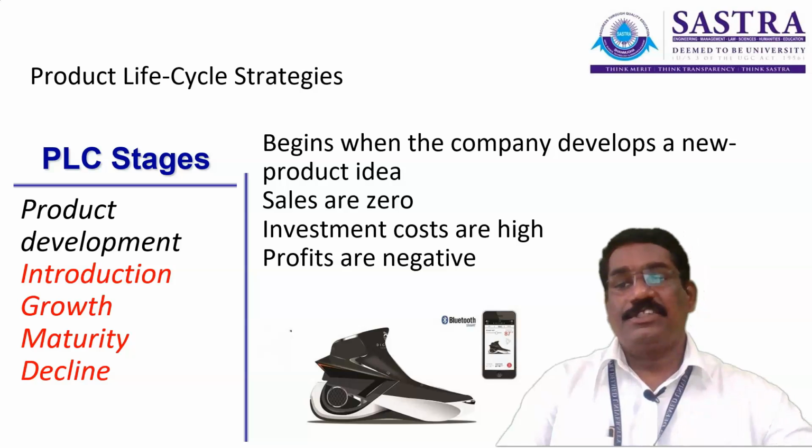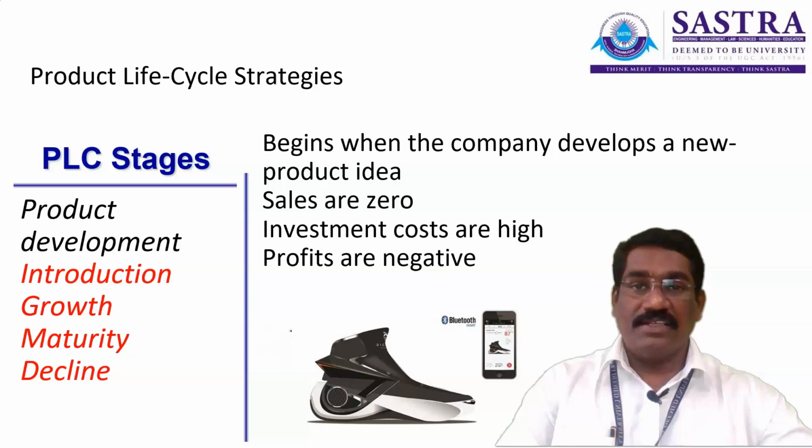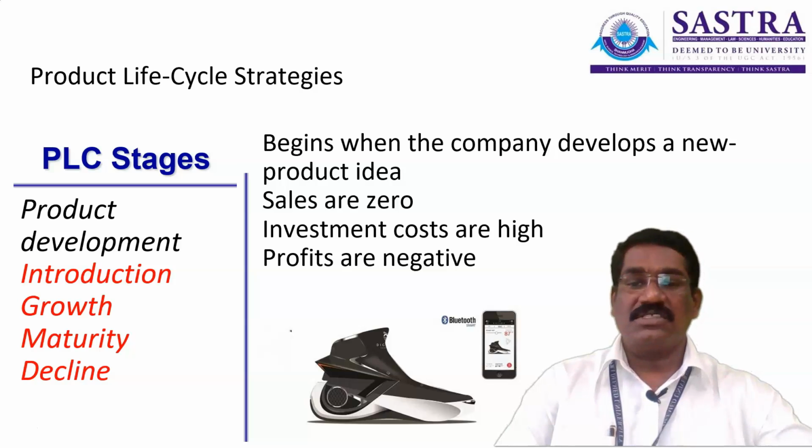So what happens in the product development stage? It begins when the company develops a new product idea. In this stage, if you look at the sales, it is almost zero. And since it is in the process of new product development, with the R&D department working on developing the product, the investment cost will naturally be very high.